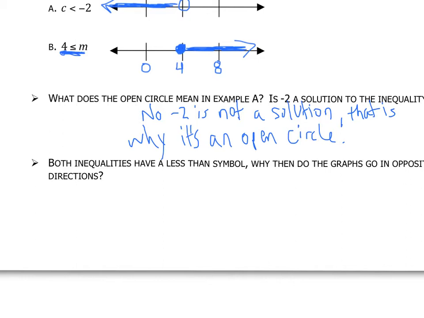So M is greater than 4. Whereas in A, the alligator's mouth actually points opposite from the C, so that is a less than. That's why they go in opposite directions, because one is greater than, one is less than.